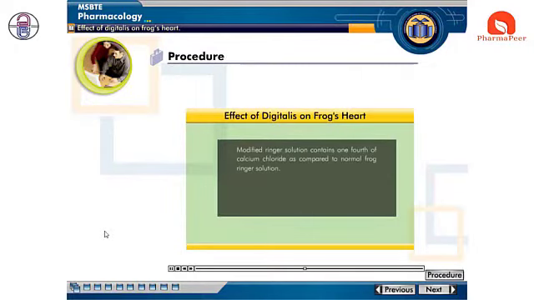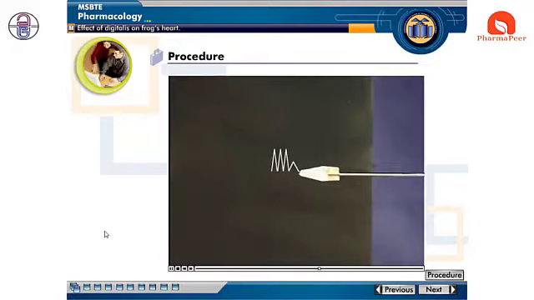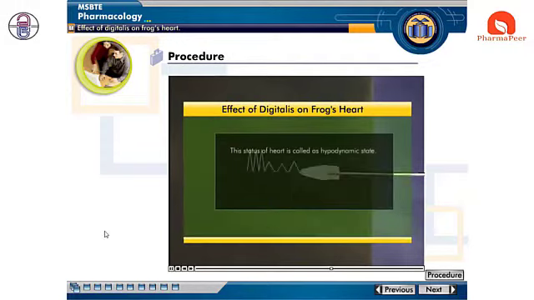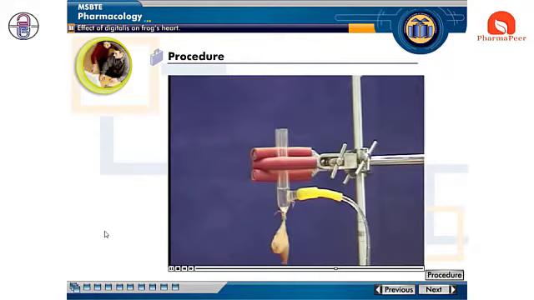Remember, modified Ringer solution contains 1/4 of calcium chloride as compared to normal frog Ringer solution. You will now notice a decrease in contractility and rhythmicity due to modified Ringer solution. This status of the heart is called the hypodynamic state.